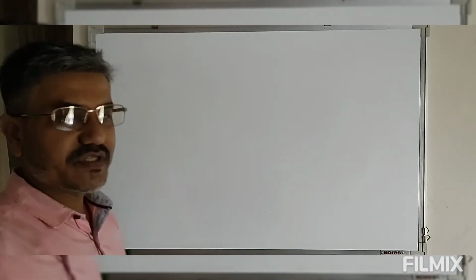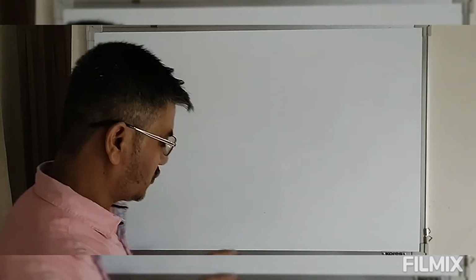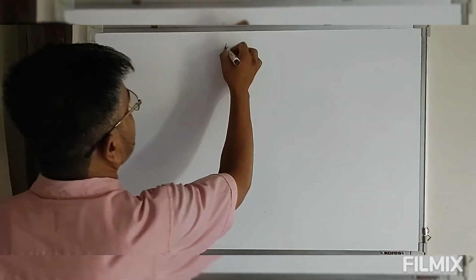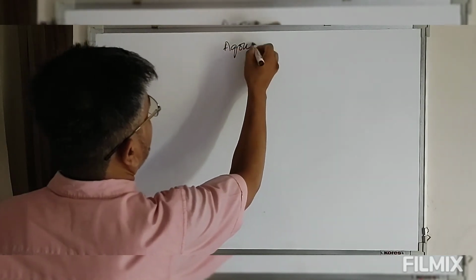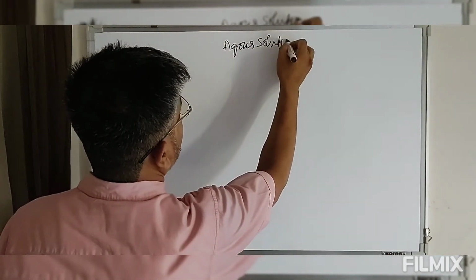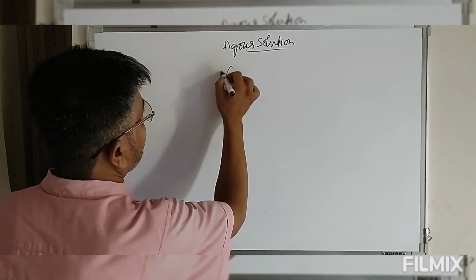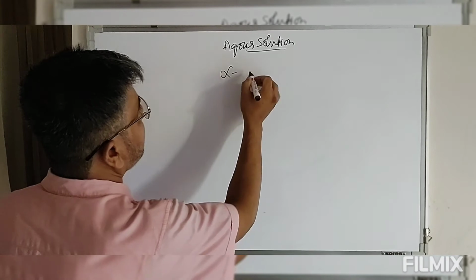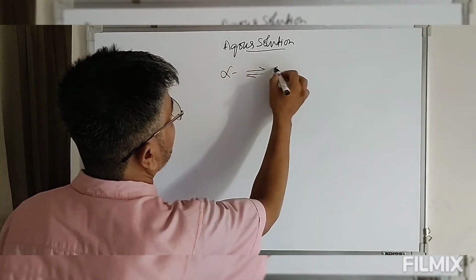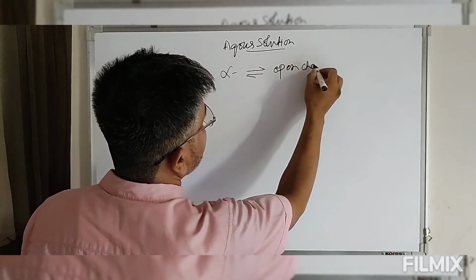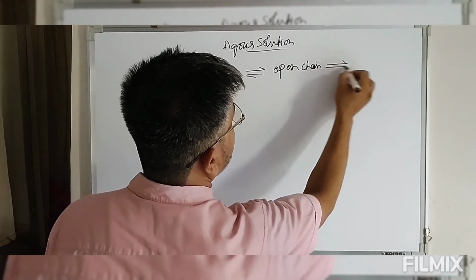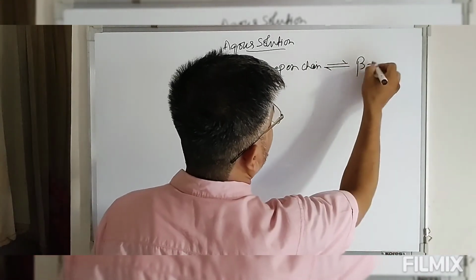In aqueous solution, this alpha form and beta form exist in equilibrium. So suppose we have this aqueous solution. In aqueous solution, this alpha form is in equilibrium with open chain structure, which is in equilibrium with beta form.